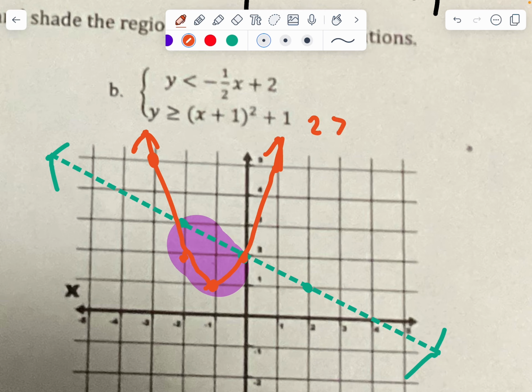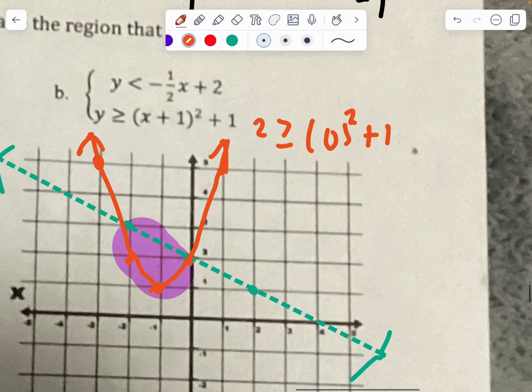2 is greater than or equal to 0 squared plus 1. 2 is greater than or equal to 1. That's true.